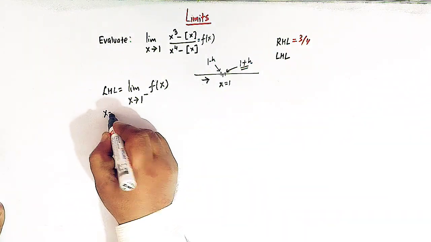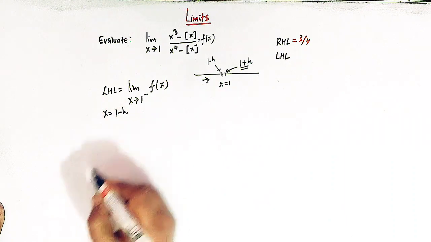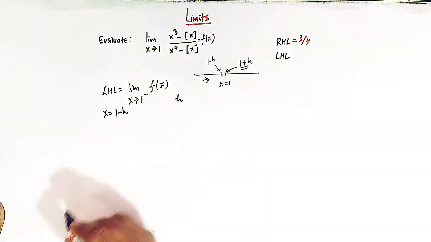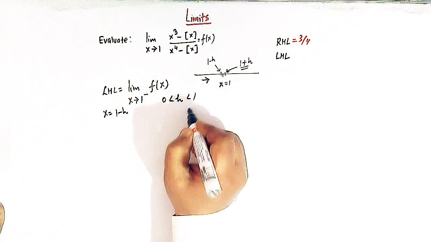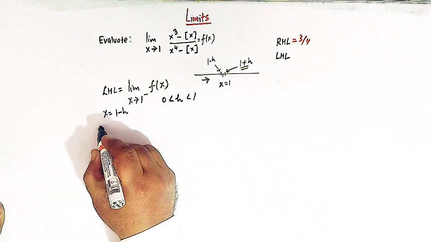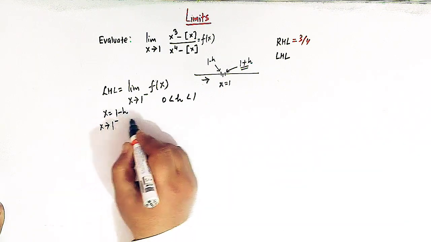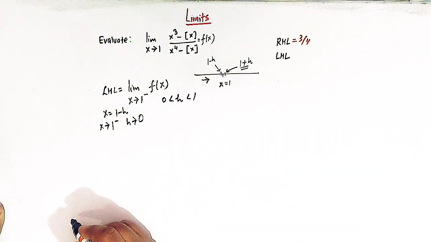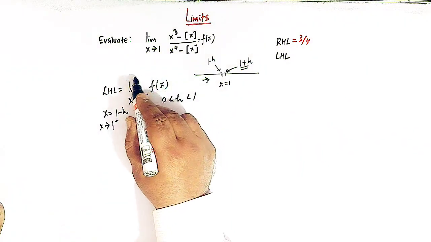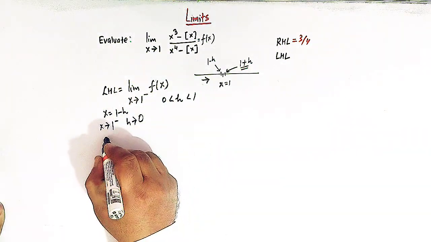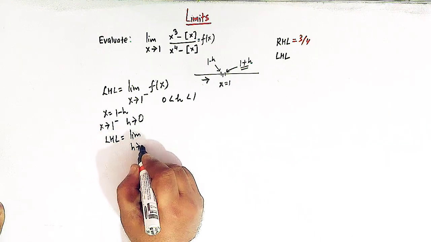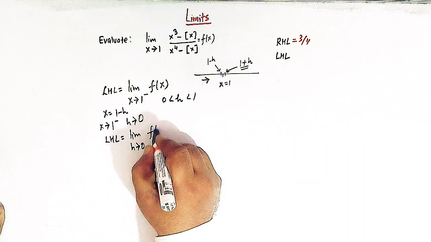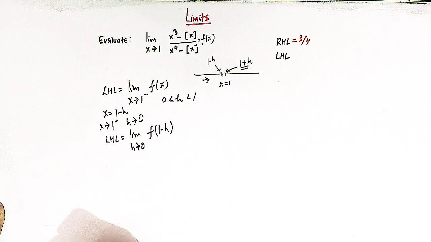So we'll take x equal to 1 minus h, and again h is infinitesimally small and lies between 0 and 1. And when x tends to 1, then h tends to 0. So expressing this limit in terms of h, the left hand limit is given by limit h tends to 0 of f of 1 minus h.